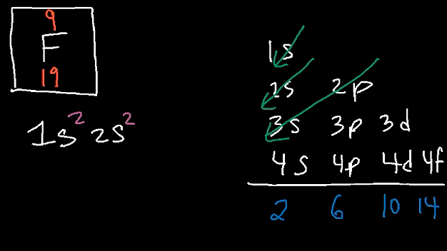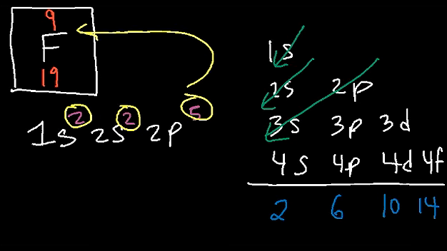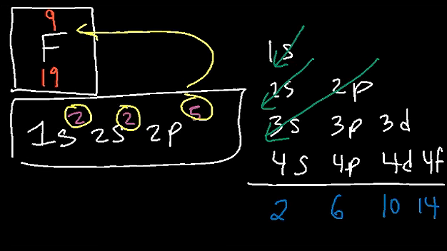So it's 2p, then it's 3s, but we're going to stop at 2p5. Notice that if you add the exponents, 2 plus 2 plus 5, that is equal to the atomic number 9. And that's where you want to stop. This is the electron configuration for an atom of fluorine. So that's how you can find it for an element.